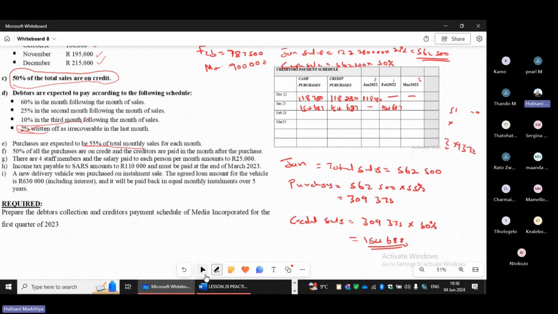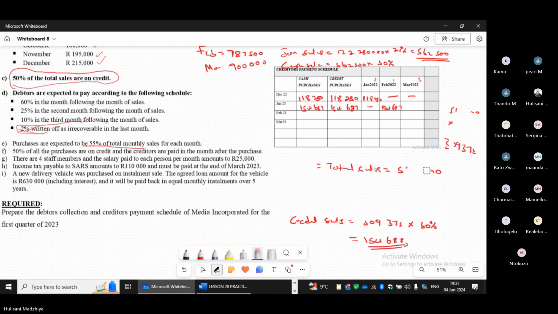So for the month of Feb, you're gonna need the total sales for February, which is actually equal to 787,500.